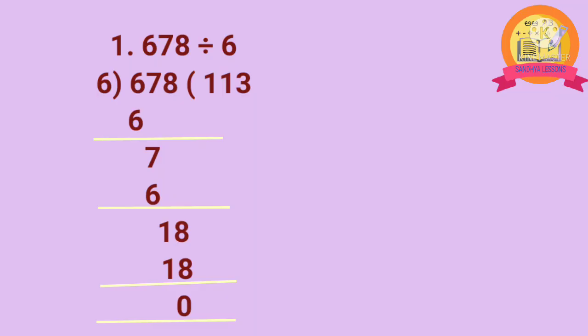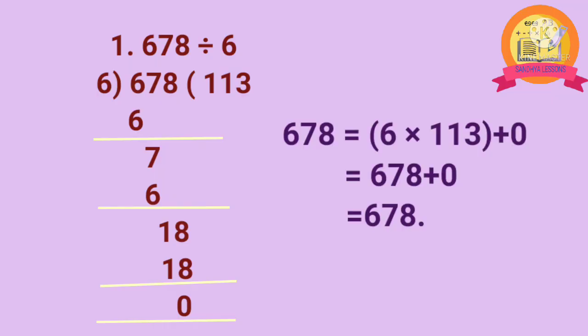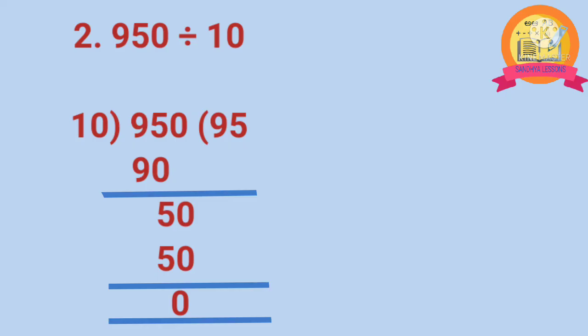First problem, 678 divided by 6. After dividing, we get quotient 113 and remainder 0. By applying the formula, 6 multiplied with 113 plus 0, we get 678. That is the dividend. Therefore, the answer is correct. Second problem, 950 divided by 10.